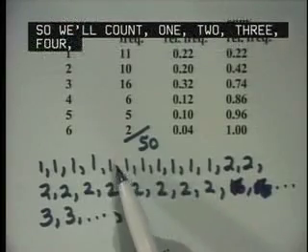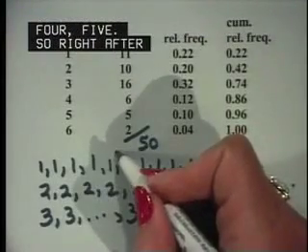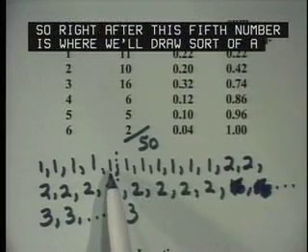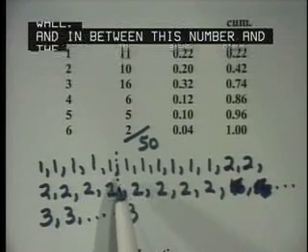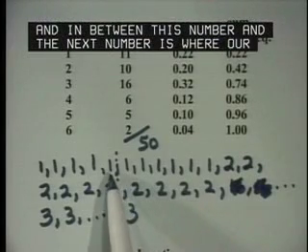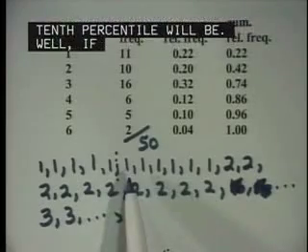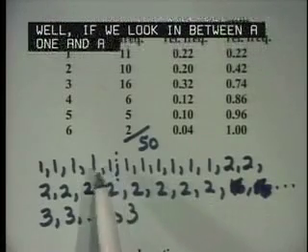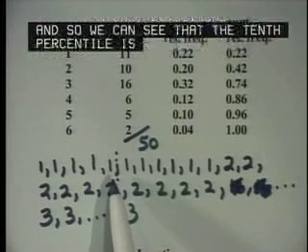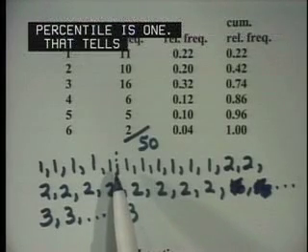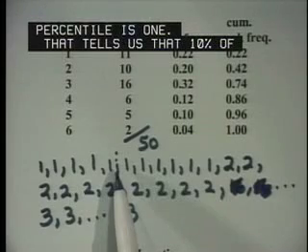Right after this 5th number is where we'll draw sort of a wall. In between this number and the next number is where our 10th percentile will be. If we look in between a 1 and a 1, we get 1. So the 10th percentile is 1. That tells us that 10% of our data were 1 or less.